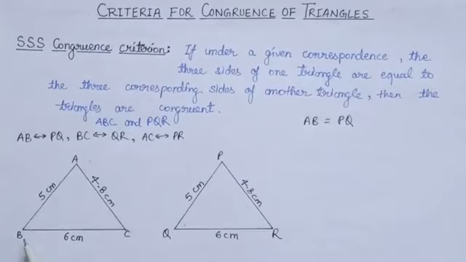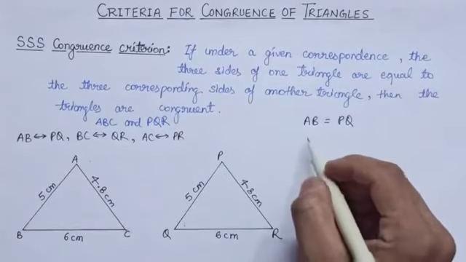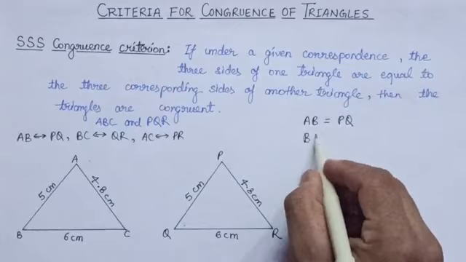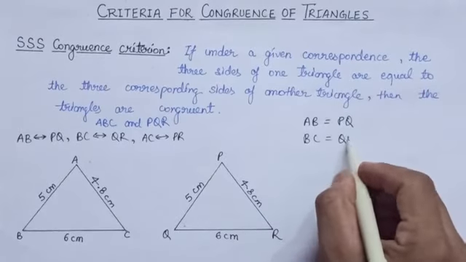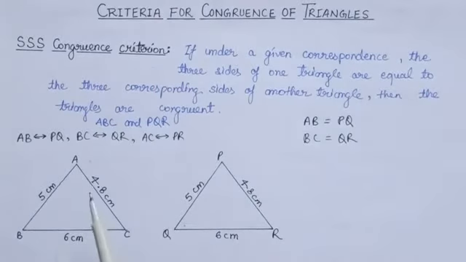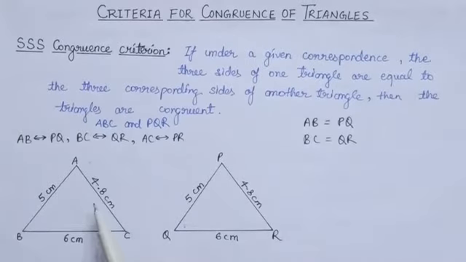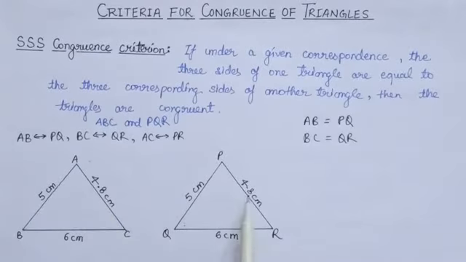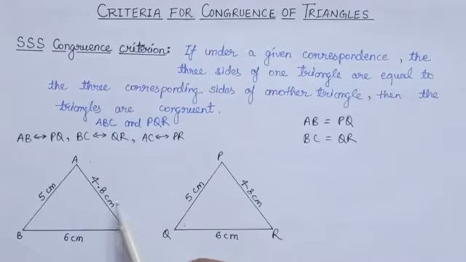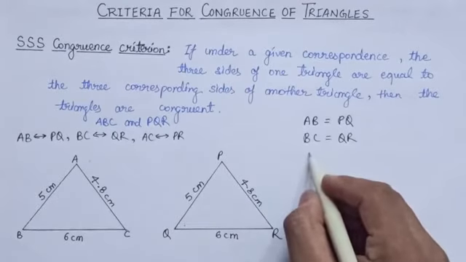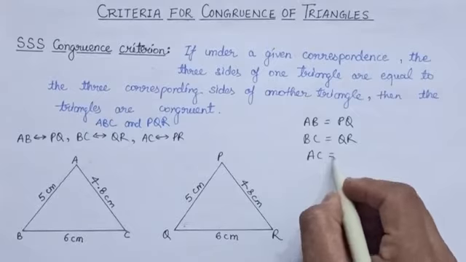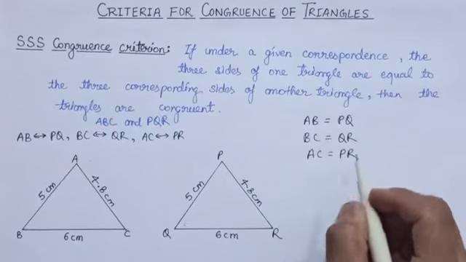In the same way, the other pair of corresponding sides, that is BC and QR, also have the same length, 6 centimeter. Hence, we can say BC is equal to QR. And the last pair AC and PR are also equal because both measure the same length, 4.8 centimeter. Hence we can say AC is equal to PR.